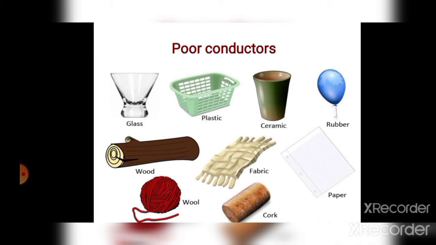Materials having trapped air in them are excellent insulators of heat. If one end of an object made of a poor conductor material is heated, then its other end does not become hot. It either remains almost cold or becomes only slightly hot.